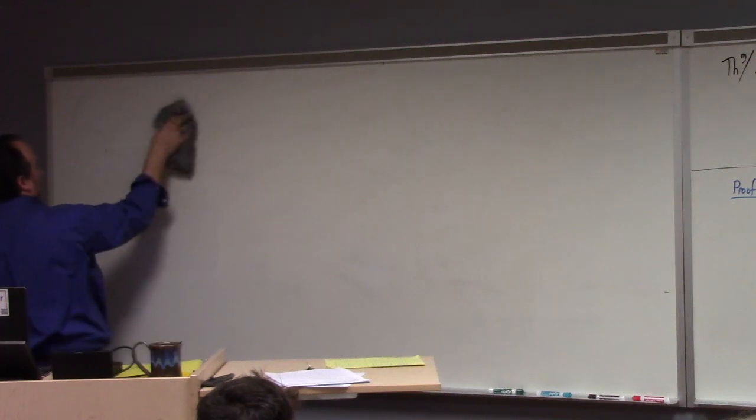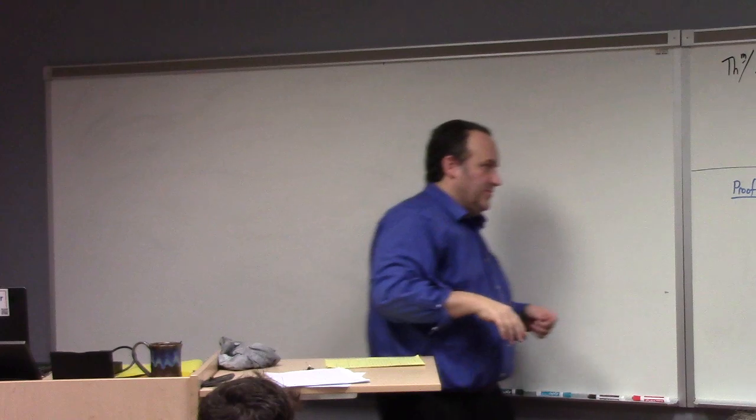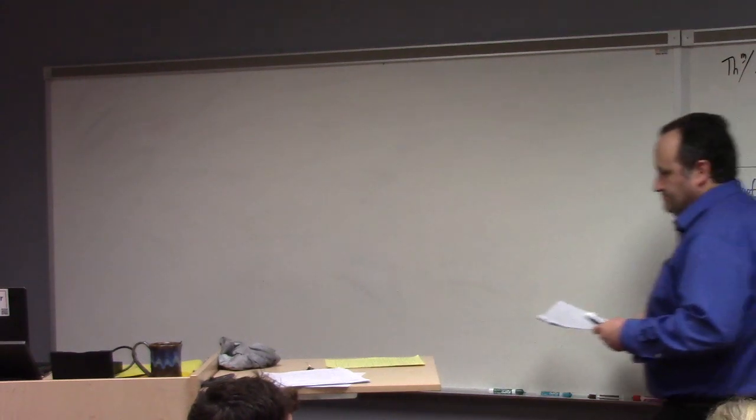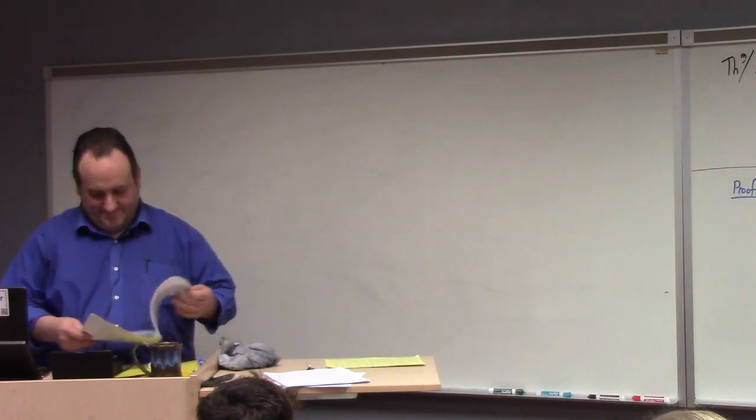One is more important than the other, so I'm going to do the more important one first. The more important topic is the Cartesian product. What is the Cartesian product of sets? Do you guys know? No?